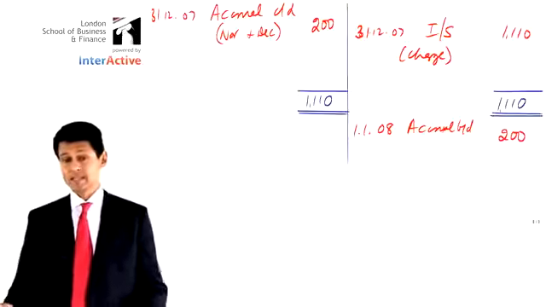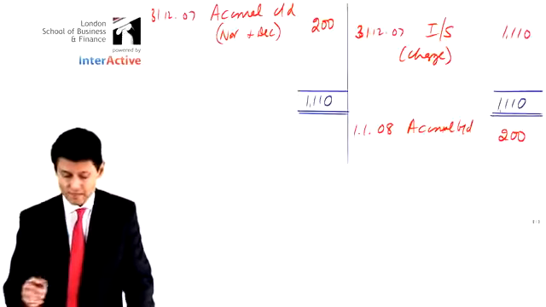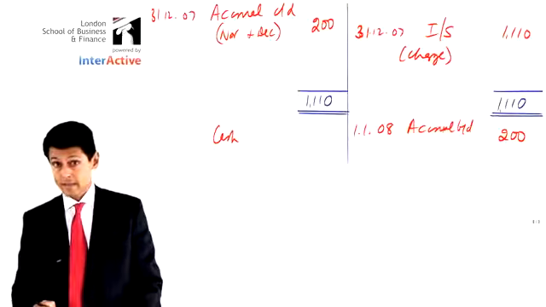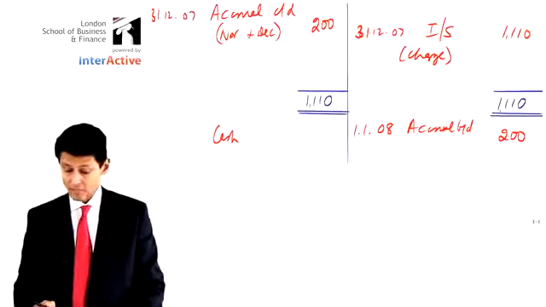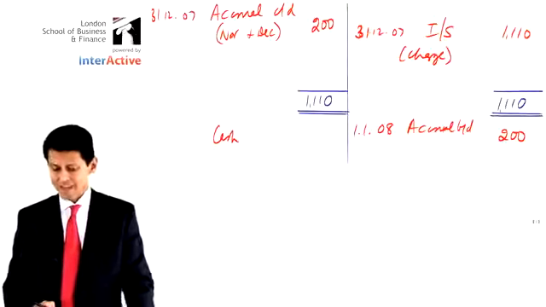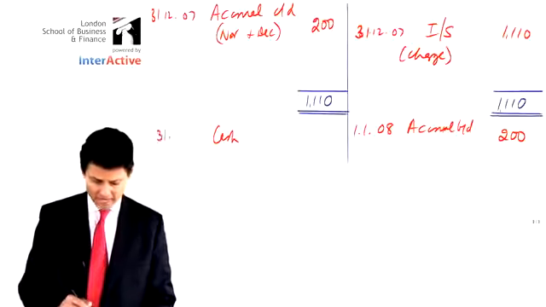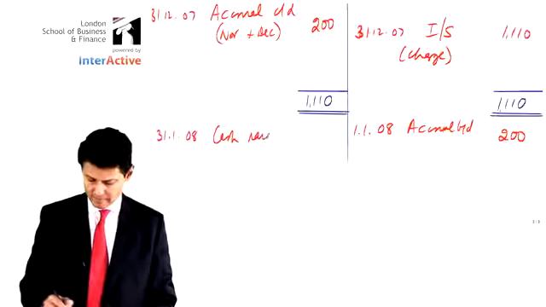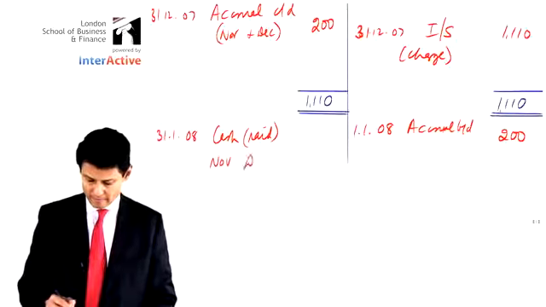So what we're saying is, if in due course an amount is paid, let's say there's a bit of cash paid on this side in the new year, let's say in January, end of January, that first payment would be cancelled by the 200. You see? So let's say on the 31st of January 08, there's a cash paid for the months of, I suppose it'll have to be November, December, and January.